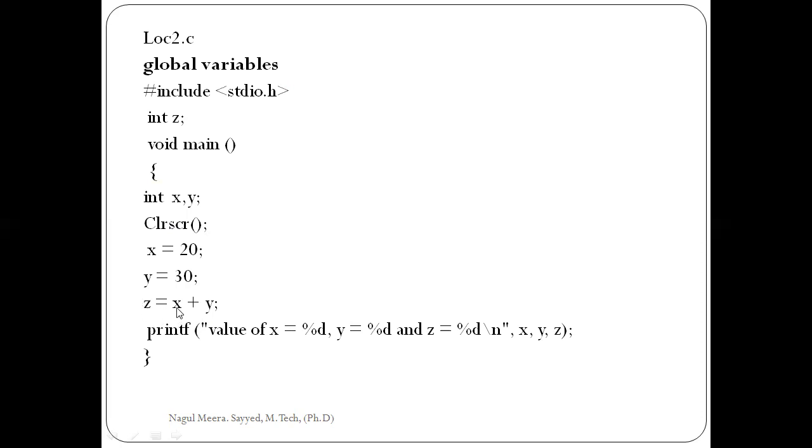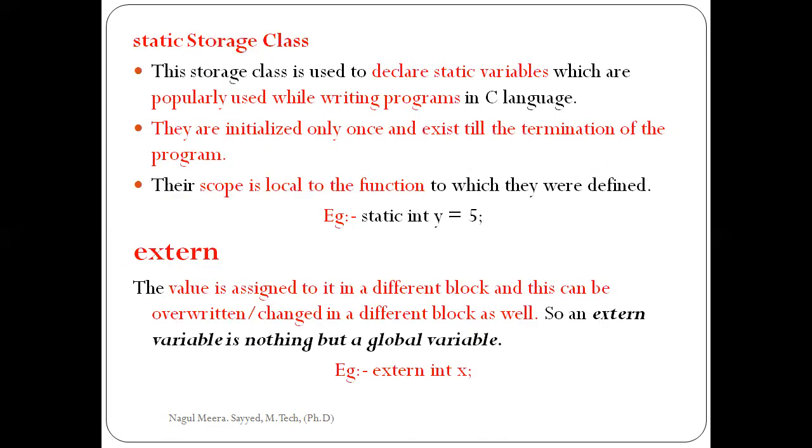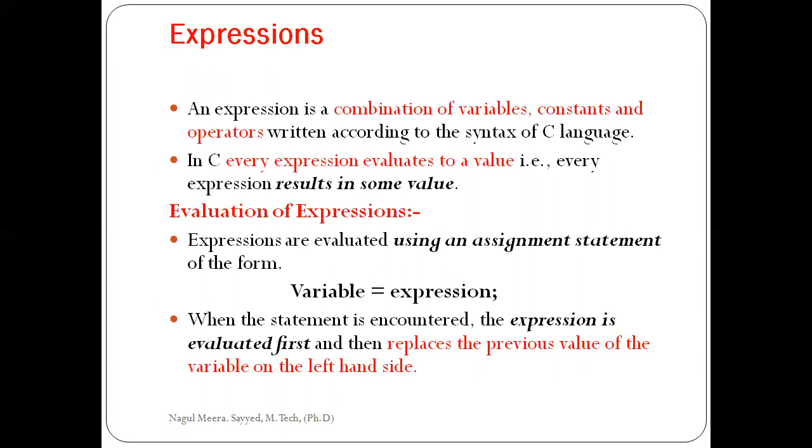So x value is substituted, y value is substituted, the x plus y operation is done, and the result, 50, is assigned to my z. That means in C language, or any language, an expression can do some operations and return some value. That is the meaning of expression.